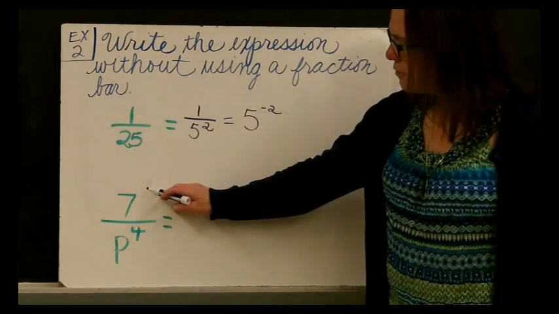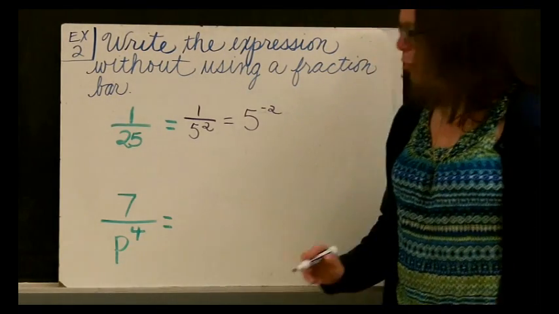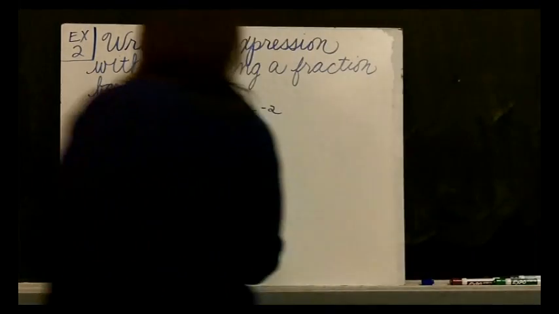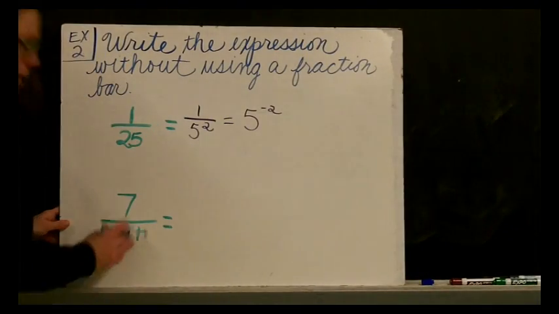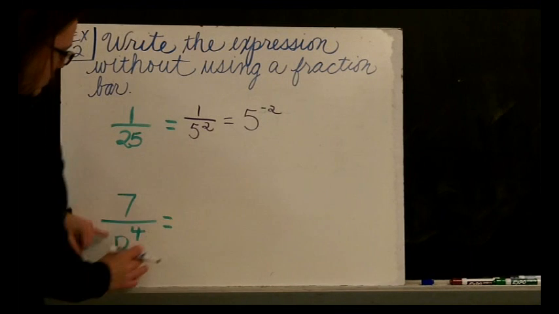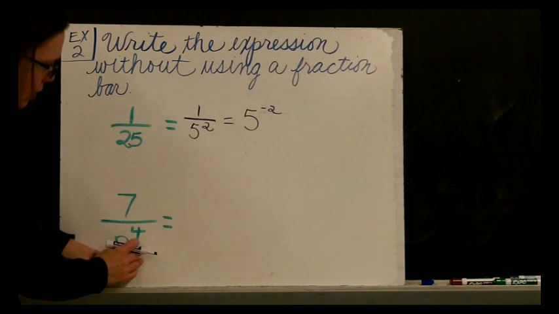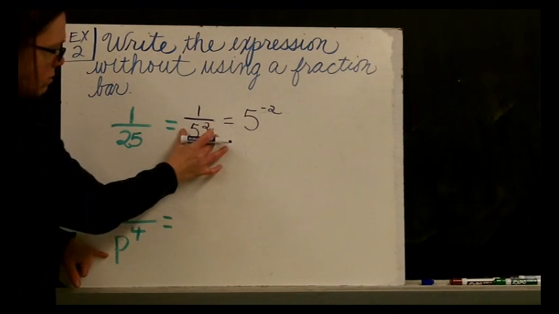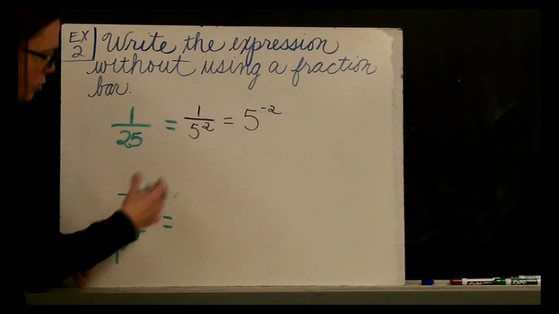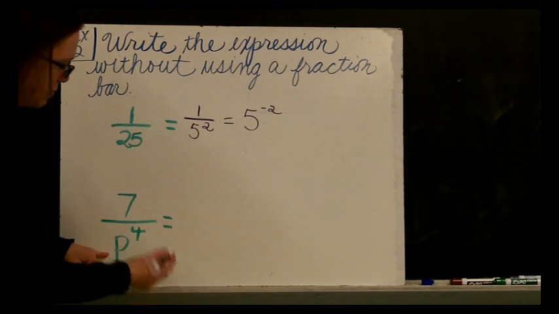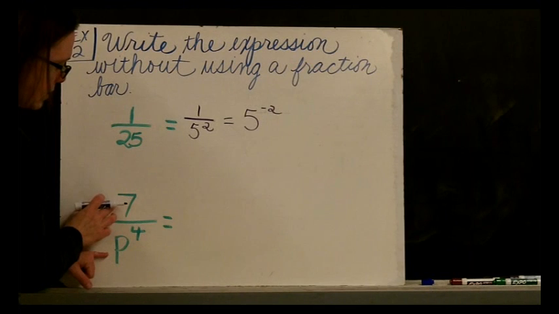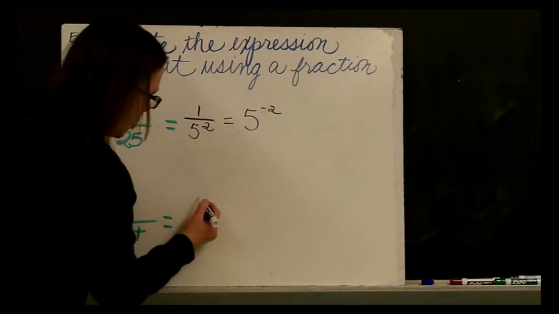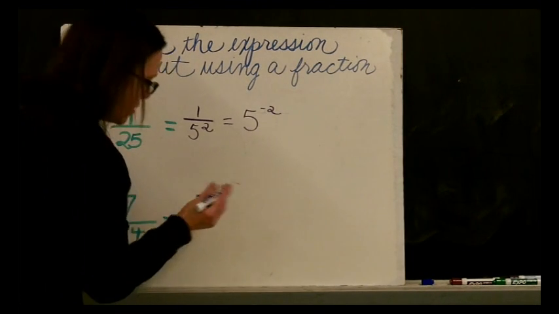Here we have 7 divided by p to the 4th power. So here's what we do. Since this is already with an exponent, we don't need to follow this step. This will just be one step to complete it. This 7 in the numerator gets moved over. It doesn't change at all.